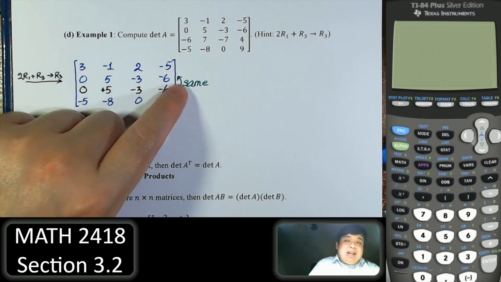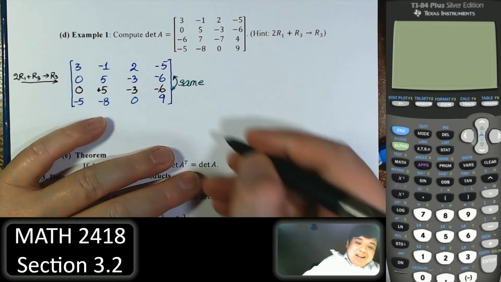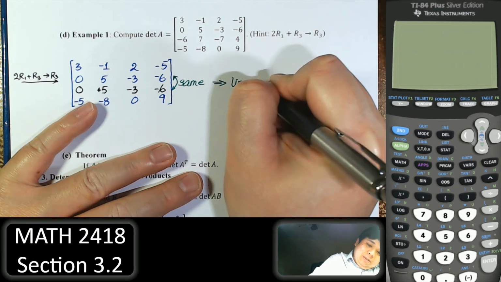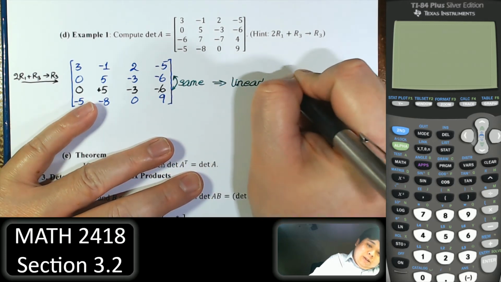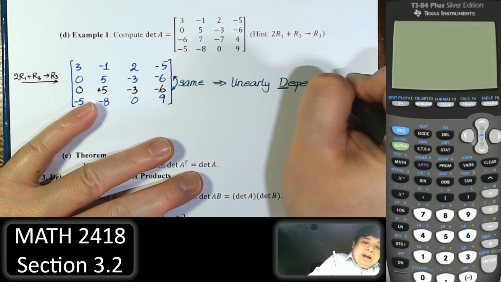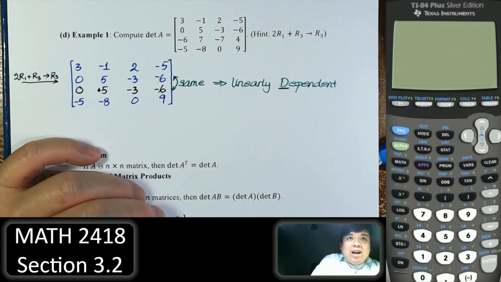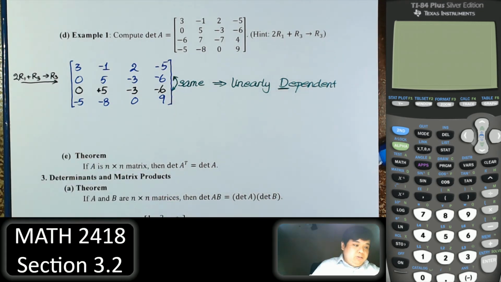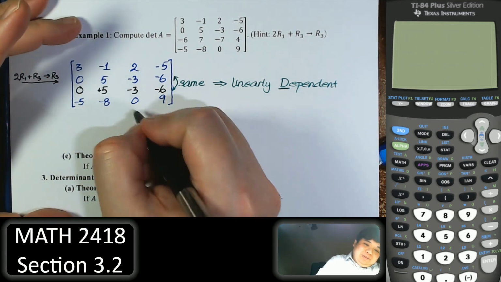Because they are the same, that means they are linearly dependent. And if we have two rows that are linearly dependent, then determinant is equal to 0. So we don't have to do anything.